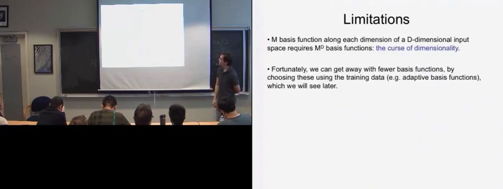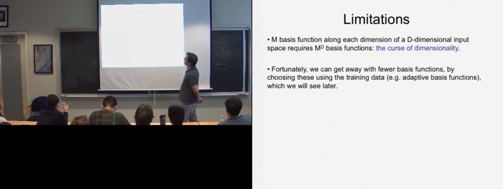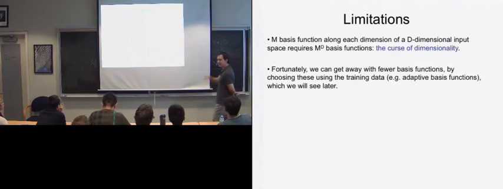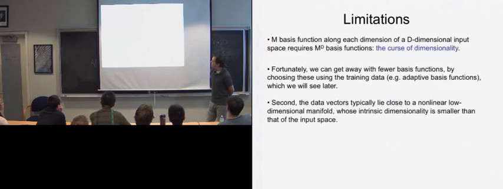That's generally not useful. Now, we can get away with fewer basis functions by choosing them using training data. So for example, there's a whole class of models that try to adapt the basis functions to the data. These are functions that have their own parameters, like a mean and a width. And that's something that we'll see later.